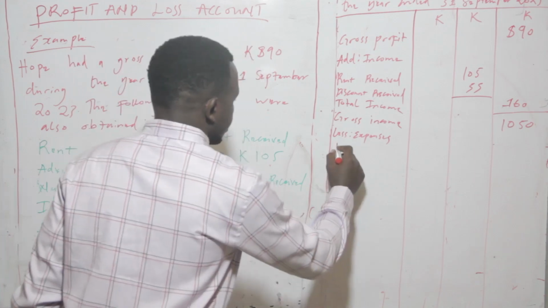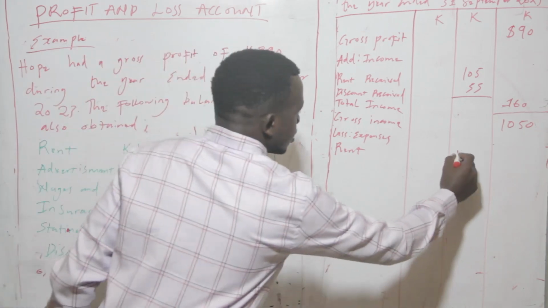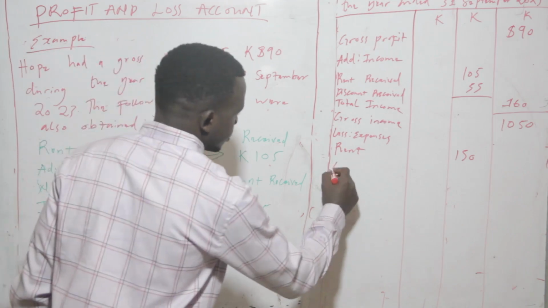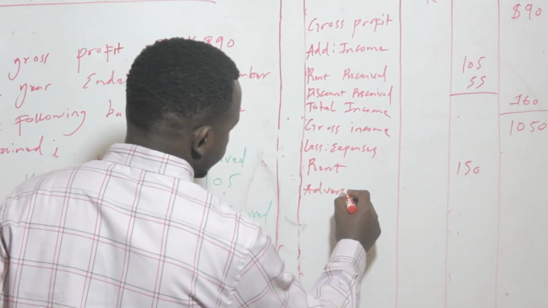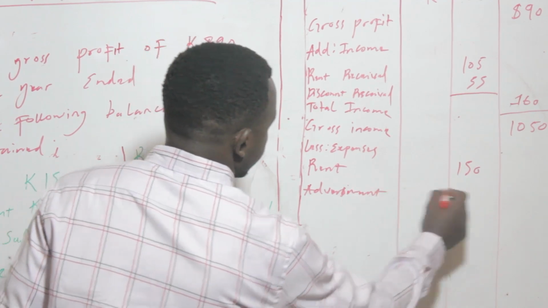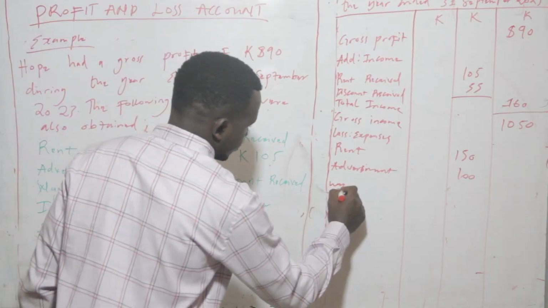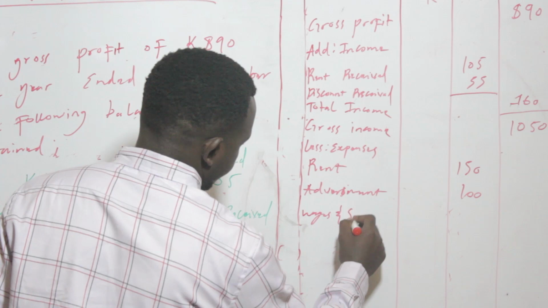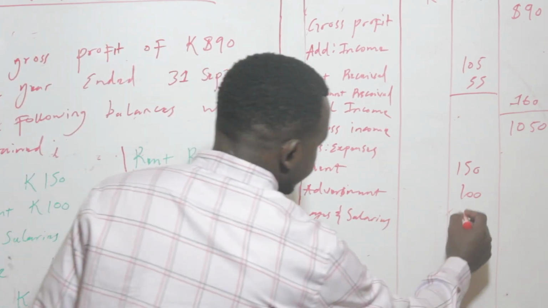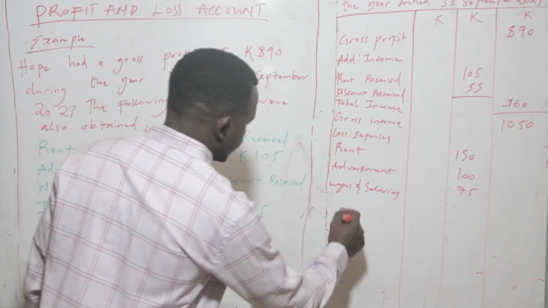So we're going to say rent. Rent, we had 150. Then advertisement, 100. Then wages and salaries amounting to 75. Then we also have insurance 100.